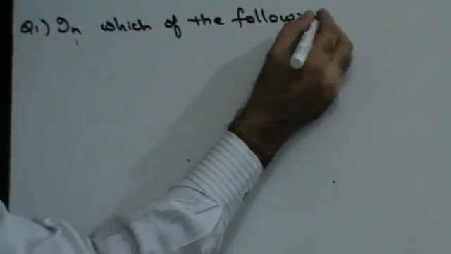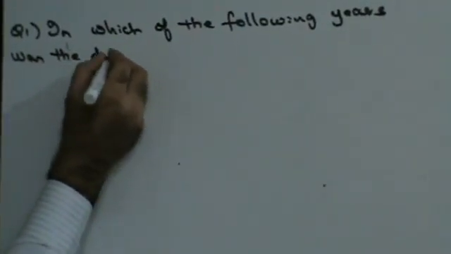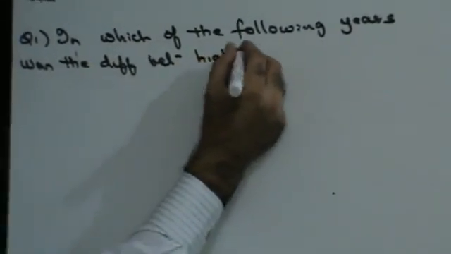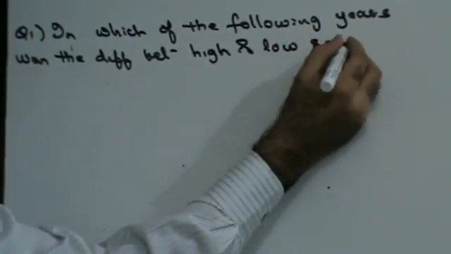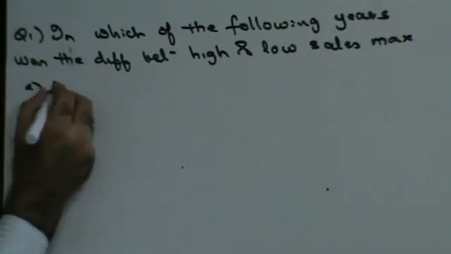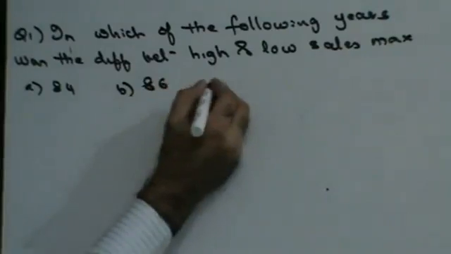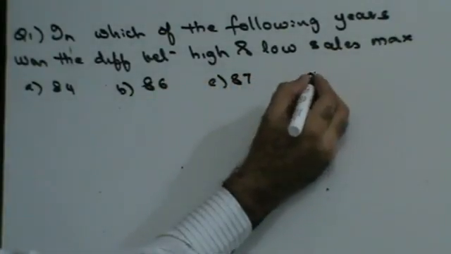In which of the following years was the difference between the highest and the lowest sales maximum? Your choices are 84, 86, 87, 88.